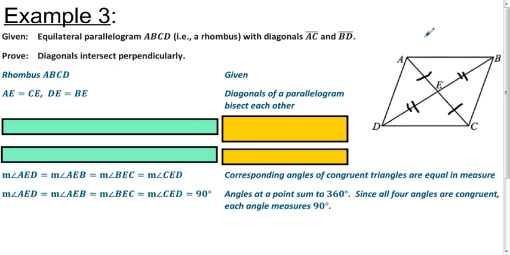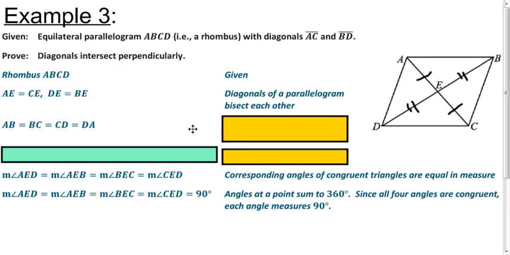All right, so a few different ways you can go about this proof. One way is to say that, hey, we have a rhombus, so all of those sides are equal to each other in measure. That's probably going to be the easiest way.